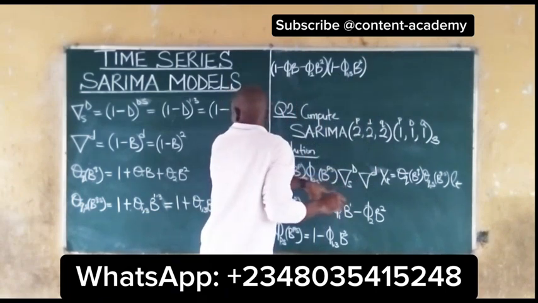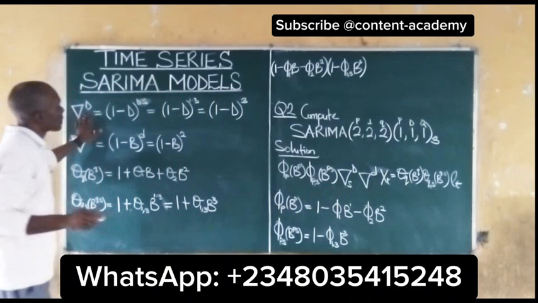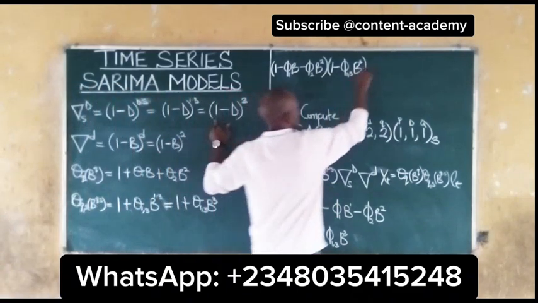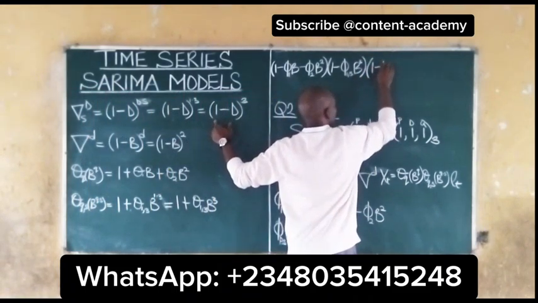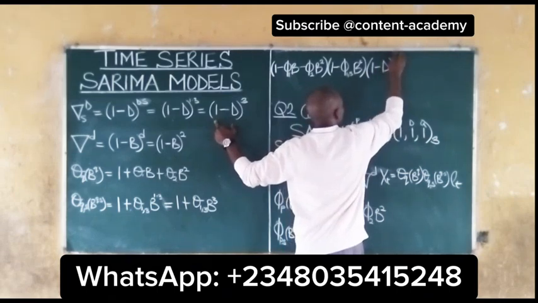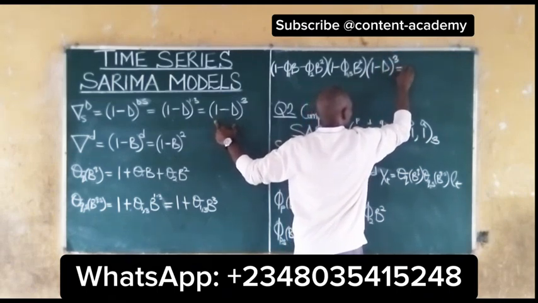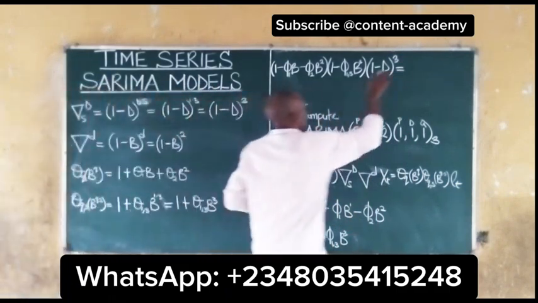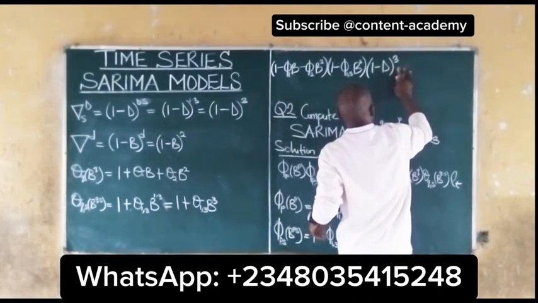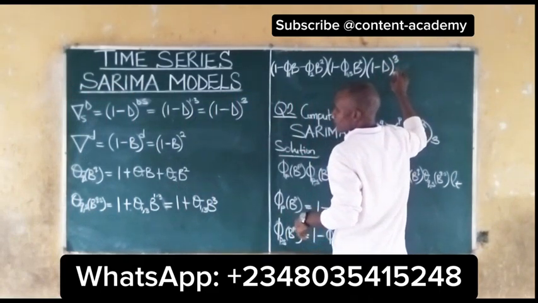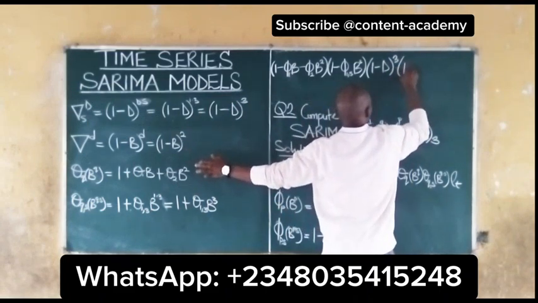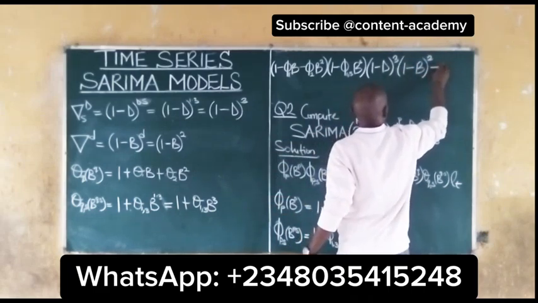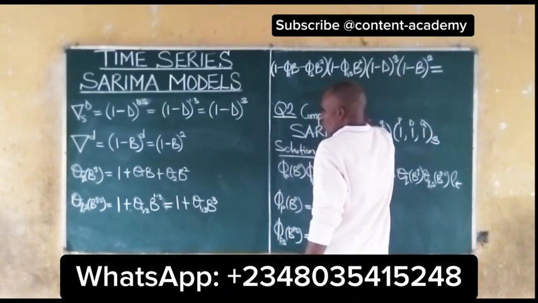We have our differencing part, this is now (1 minus B^3), and the non-seasonal part is (1 minus B)^2, equal to the moving average part.